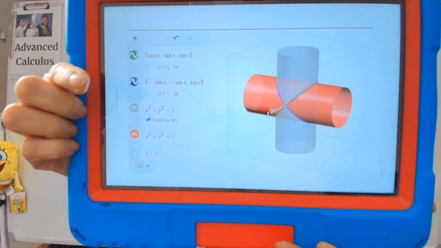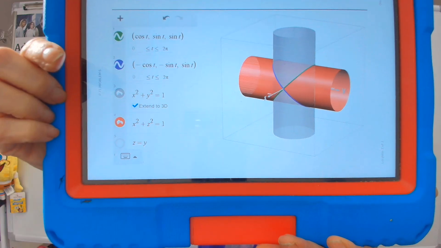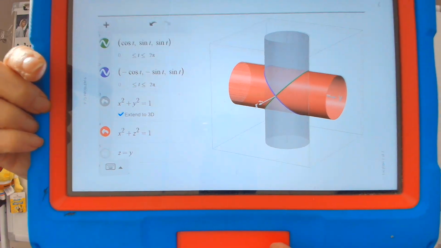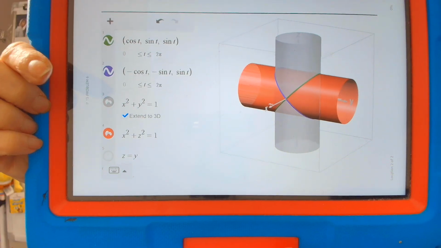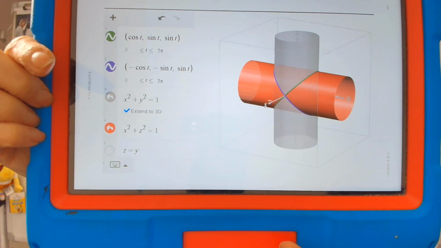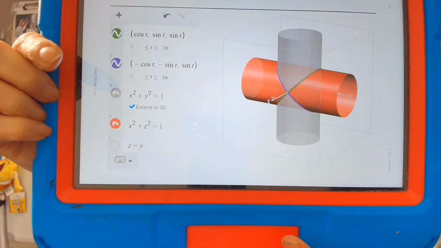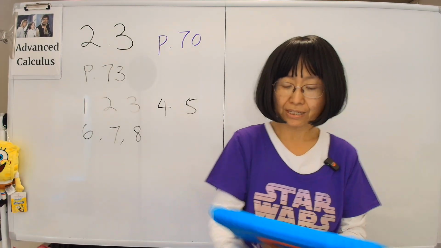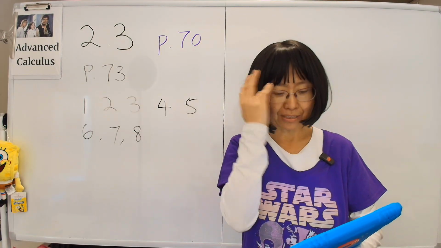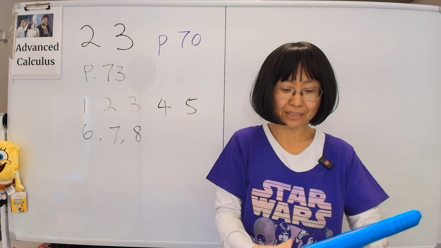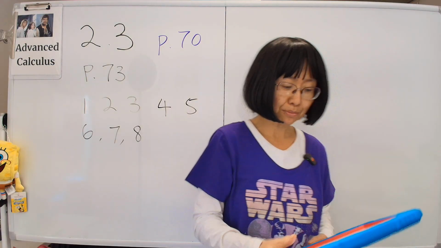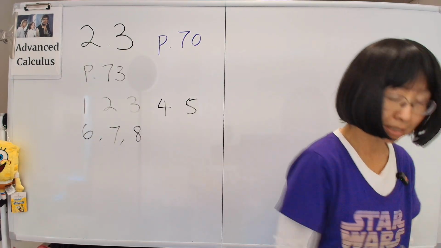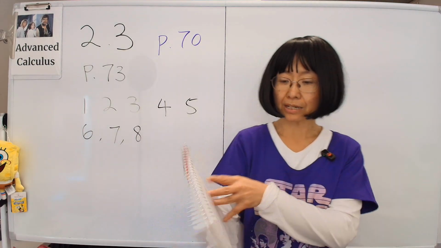It just happens to be like two pipes intersecting, which for plumbers, you see this kind of thing all the time. Those two curves look like elongated circles, but they're not really ellipses, I don't think. But right now we don't care what they are. We're only focusing on whether they are plane curves or not. So that's problem 6, and it gives the same result for a couple of other problems later as well.